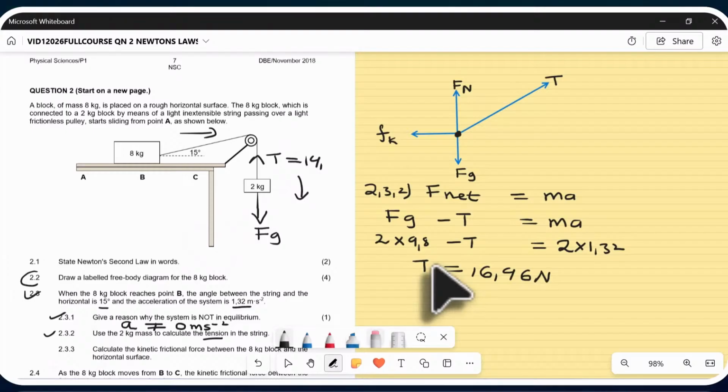So even here, T equals 16,96. Does it make sense to you? As long as they say the string is inextensible, we mean tension is distributed equally throughout. That is my answer there.